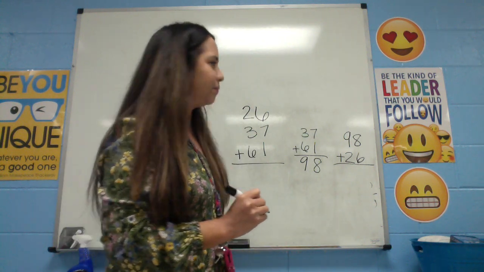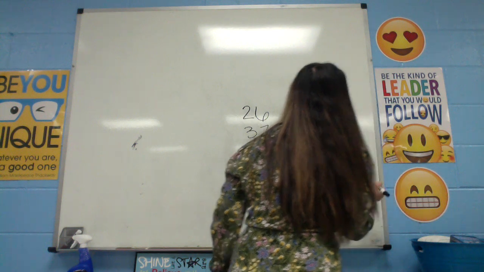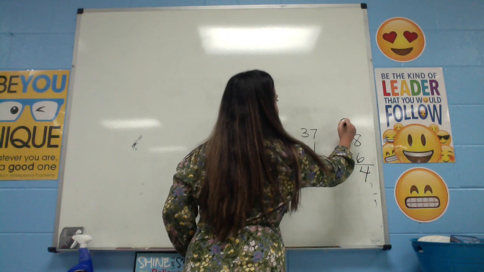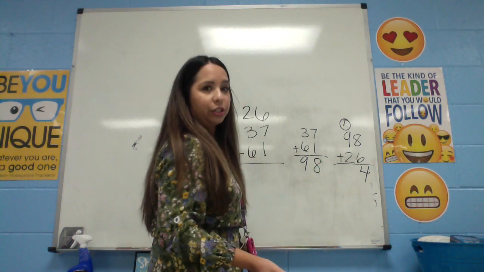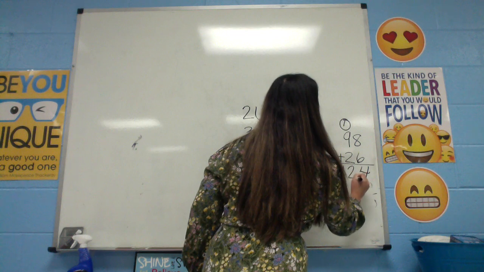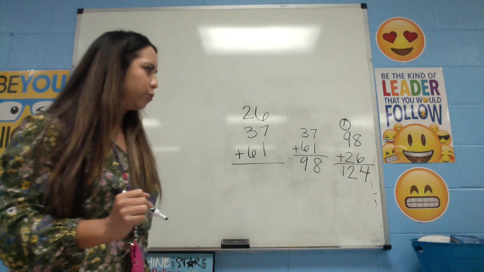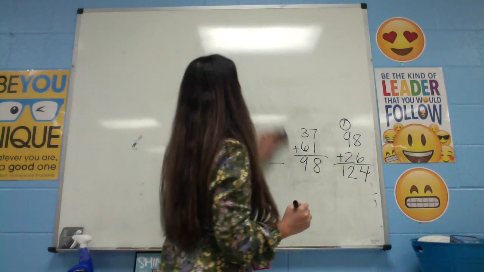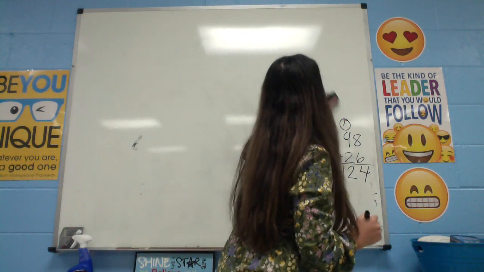Okay, ready? 8 plus 6 ones is 14. Regroup. 9 plus 2 is 11, plus 1 ten is 12. 12 tens. Our answer is 124. Okay? So that is the associative property.